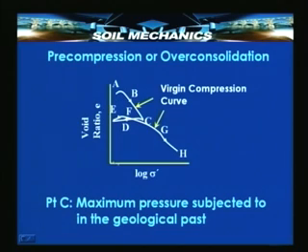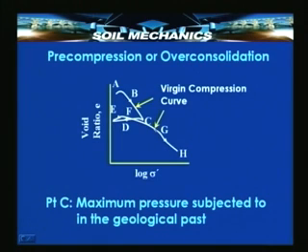If I apply load on a sample and observe this void ratio change, I know that I will have the so called virgin compression curve up to some stress, and now if I unload and reload, the soil traces a totally different path until it reaches the same pressure at which we started the unloading, and beyond that once again it passes through an almost straight line curve, which again is a virgin compression curve, because this soil is undergoing this degree of compression under this stress for the first time.